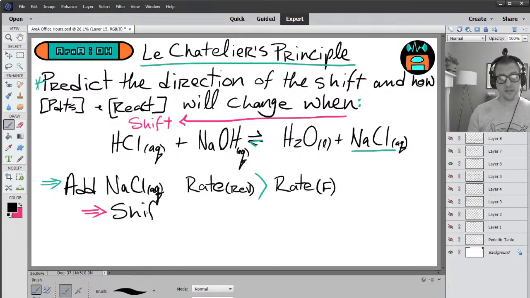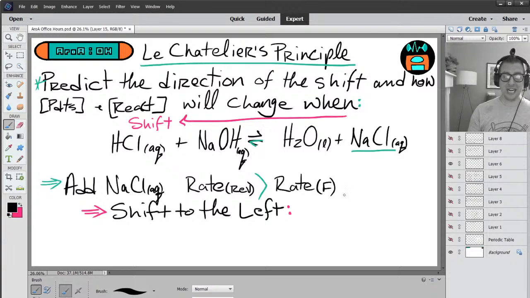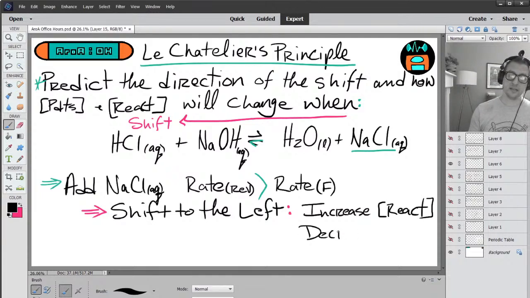This will shift to the left, which means that we are going to see an increase in the concentration of reactants, because we're shifting to the left, we're making more reactants, and a decrease in the concentration of products.